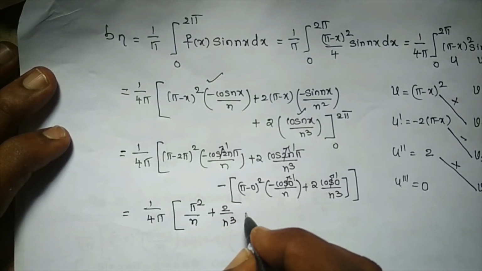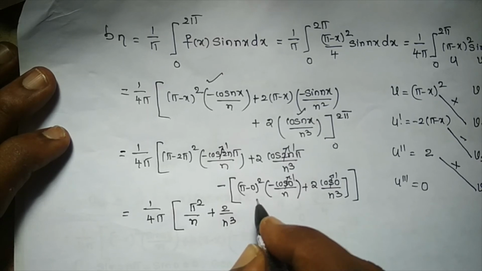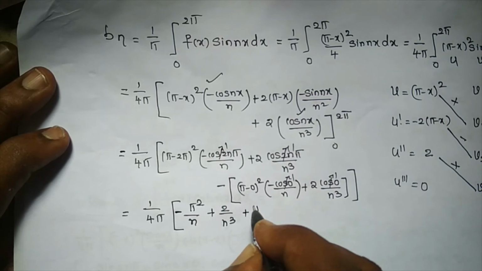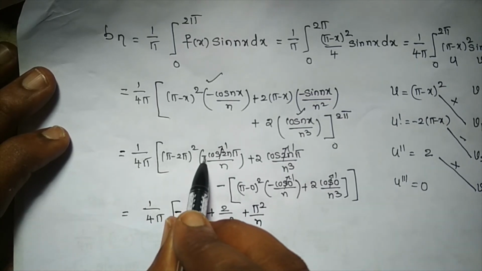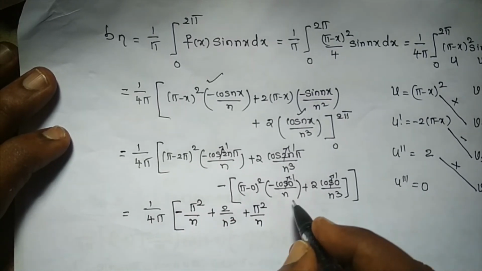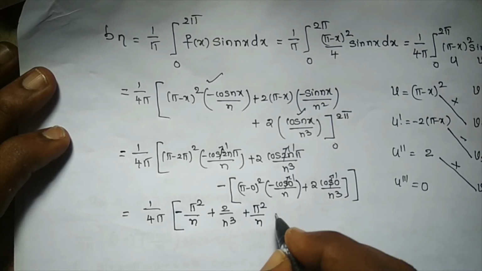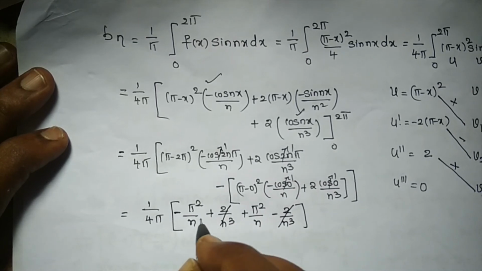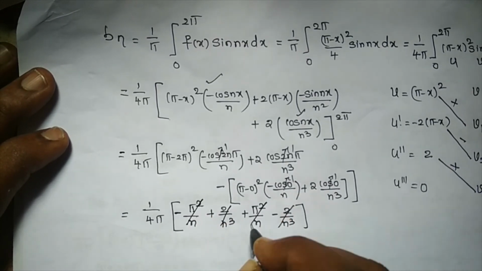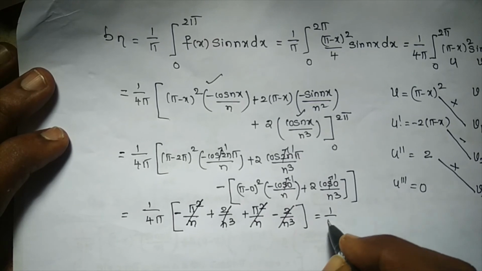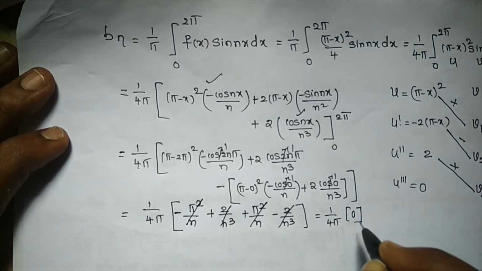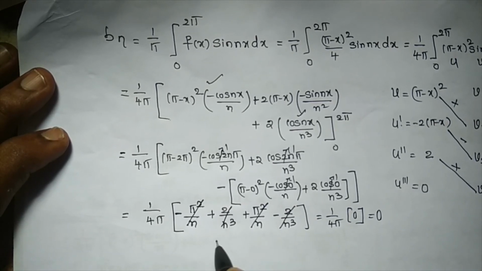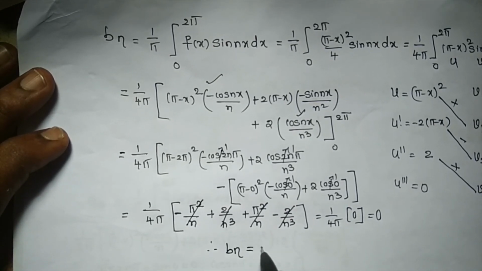So this is minus, this is plus pi square by n. Then the last one is minus 2 by n cube. So minus 2 by n cube plus 2 by n cube, minus pi square by n plus pi square by n, both cancel. So 1 by 4 pi into 0. This is totally 0. Therefore bn should be 0.